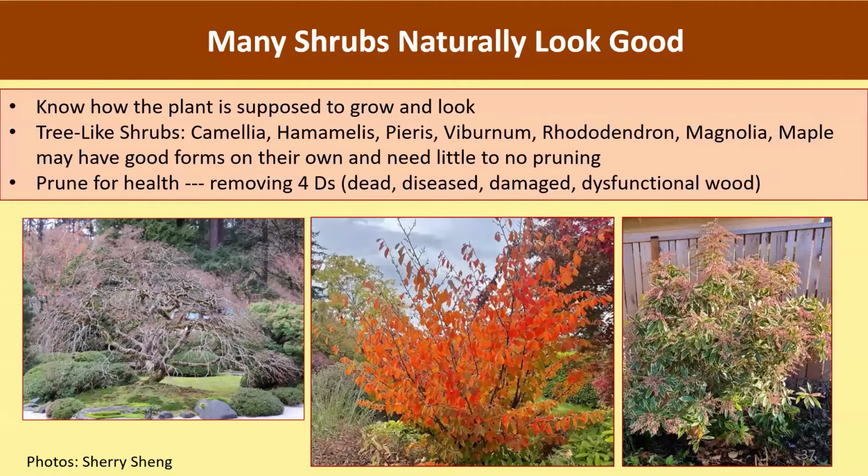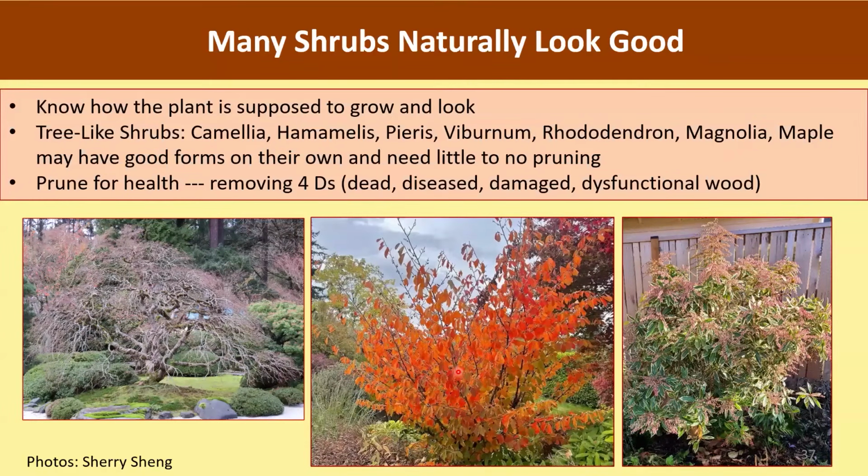A group of shrubs that are considered tree-like, like camellia, like this weeping form maple, like this pieris, rhododendron, this Hamamelis, witch hazel, they naturally have a good form and they need very little pruning.